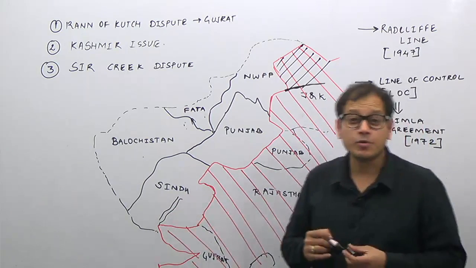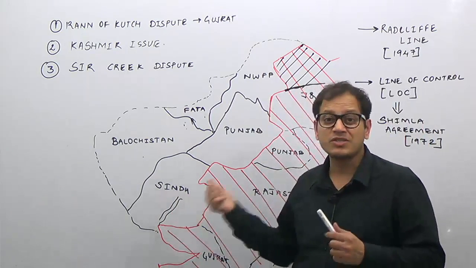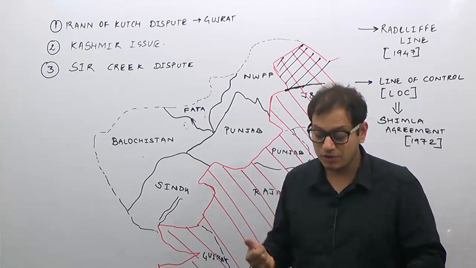So these are the provinces of Pakistan. This province which is nearby to Gujarat is the Sindh province of Pakistan.